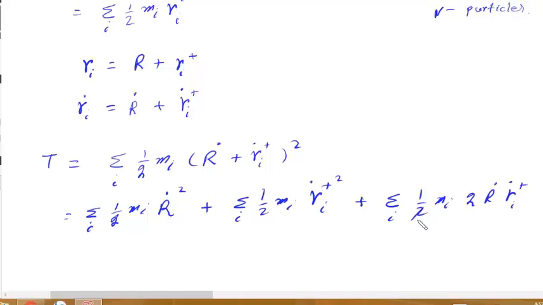Then this 2 cancels with this 2, and we can write these equations.